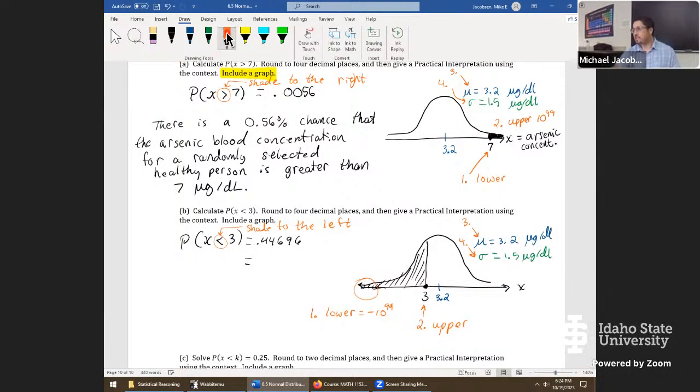Then when we round it to 4 decimal places, this would be the 4th. It rounds up because the digit to the right is larger than 5. So this becomes a 0, the 6 becomes a 7, and now it's 0.4470 altogether. Does that make sense to folks on that calculation there?